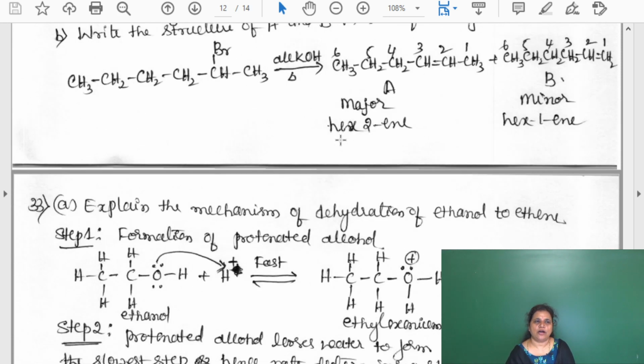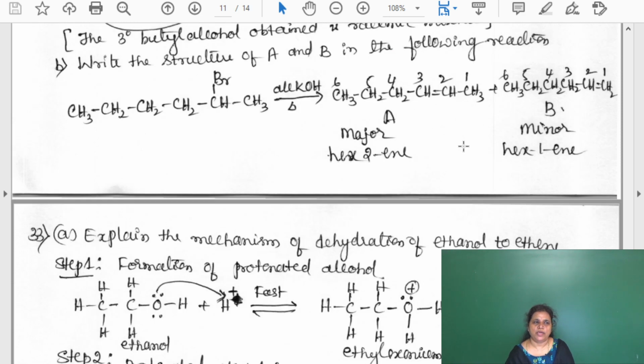Write the structure of A and B. Question number B. Write the structure of A and B in the following reaction. So this is 1, 2, 3, 4, 5, 6. 2-bromohexane is given. 2-bromohexane on heating with alcoholic KOH. So here it is a beta elimination and the reaction is dehydrohalogenation. The hydrogen can be eliminated from this carbon or this carbon because both are beta carbon atoms.